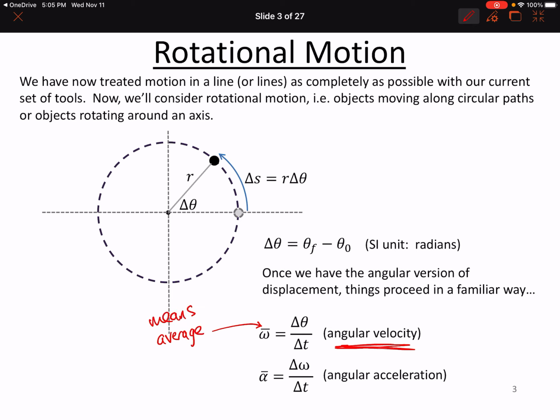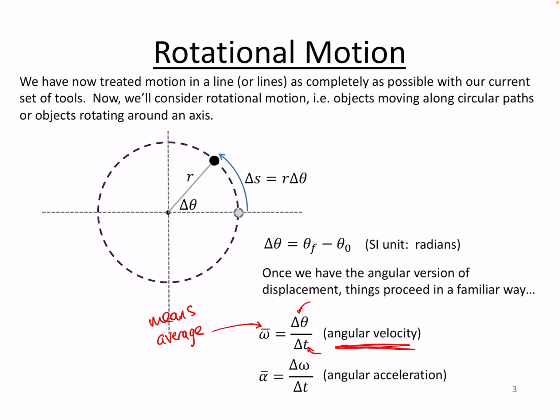So what this is telling us is that if we know an angular displacement and the time period during which that displacement occurred, then we know exactly what the average angular velocity must have been for the ball on a string, or whatever object is rotating around a circle.